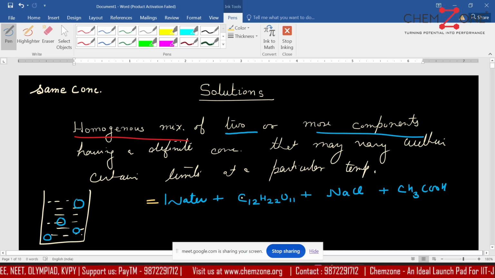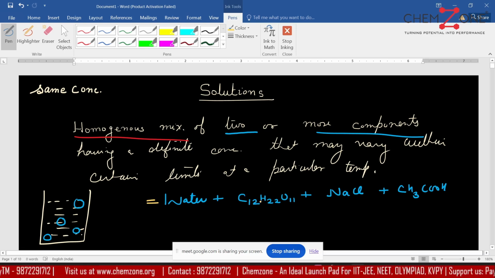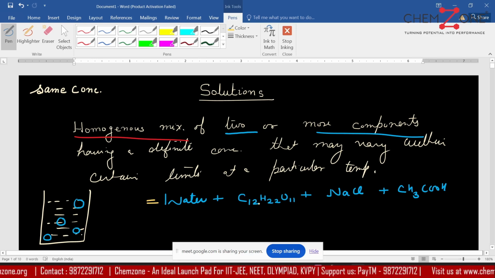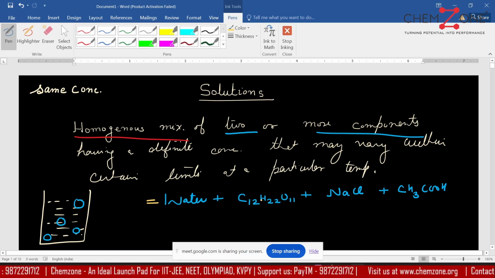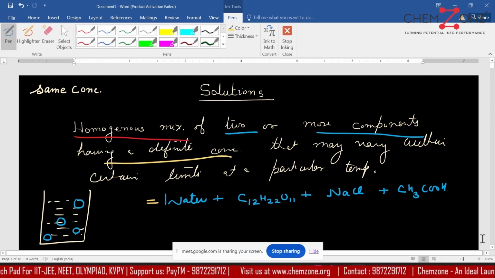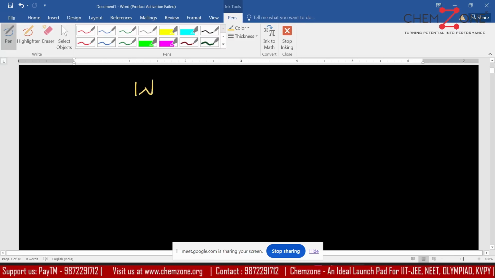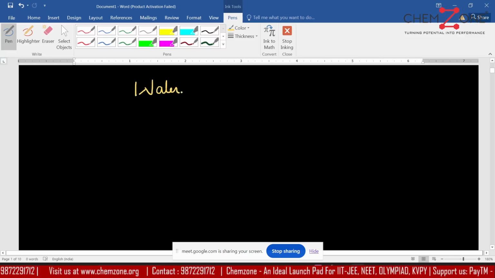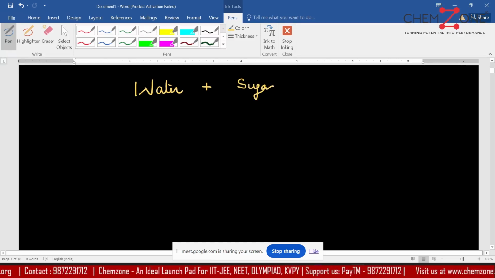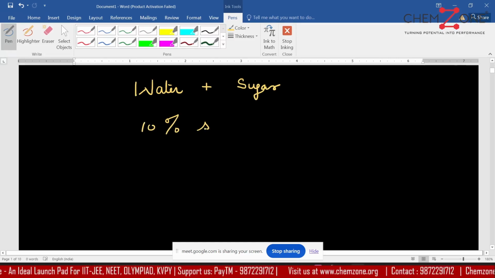So that may have two components, or it can have more than two components, having a definite concentration. Definite concentration means suppose I'm making a solution of water and sugar, and I say this is a 10% solution.